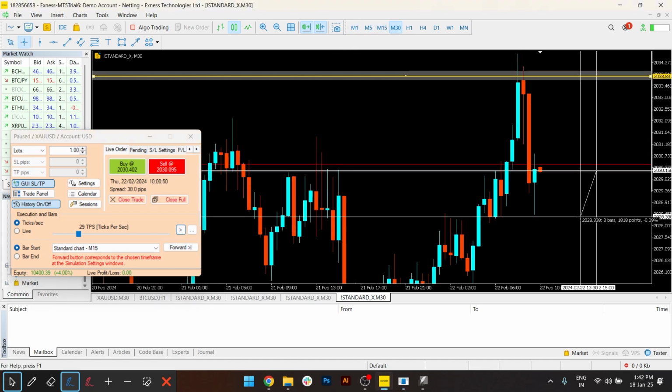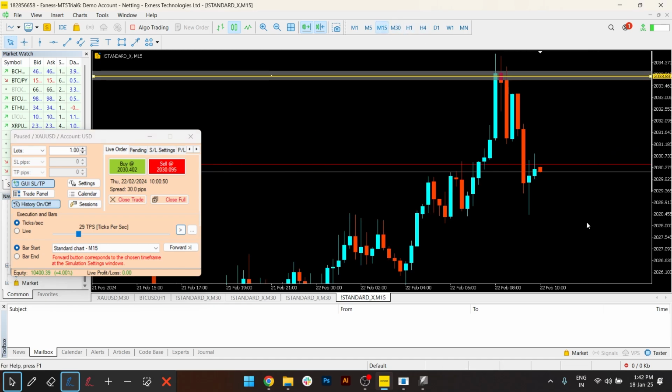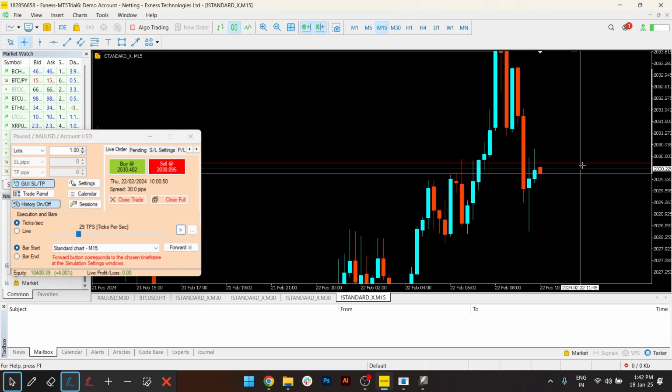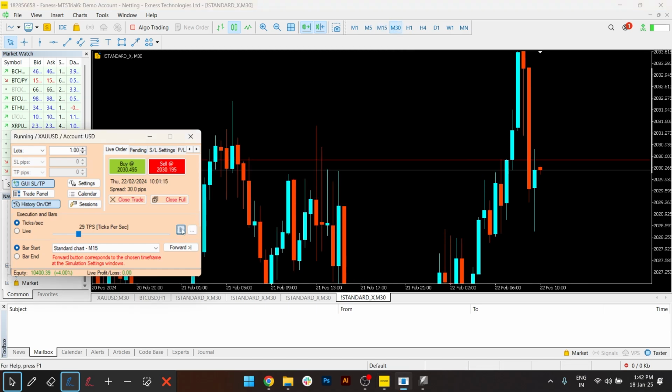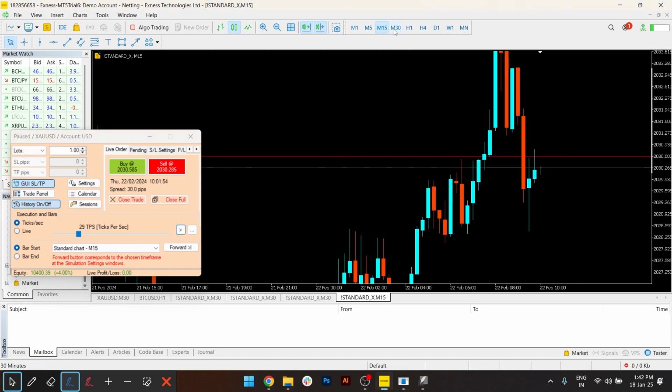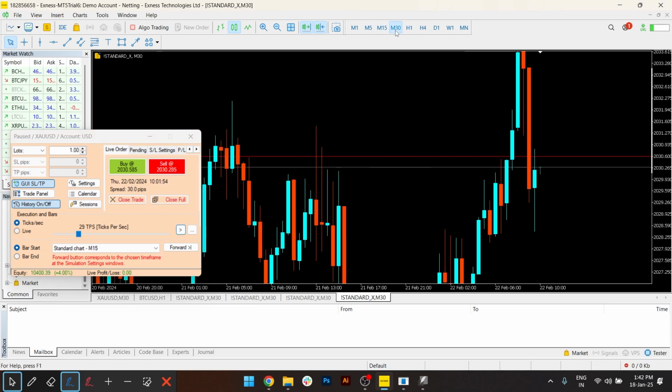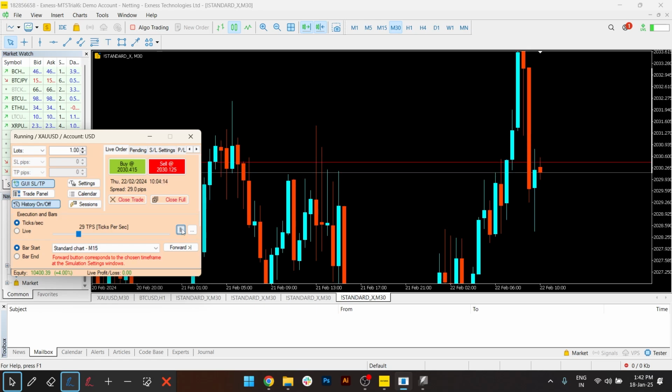So if the 30-minute is closing bullish, I like buys here because we closed bullish. And if we create a good bottom wick here, then I like buys.